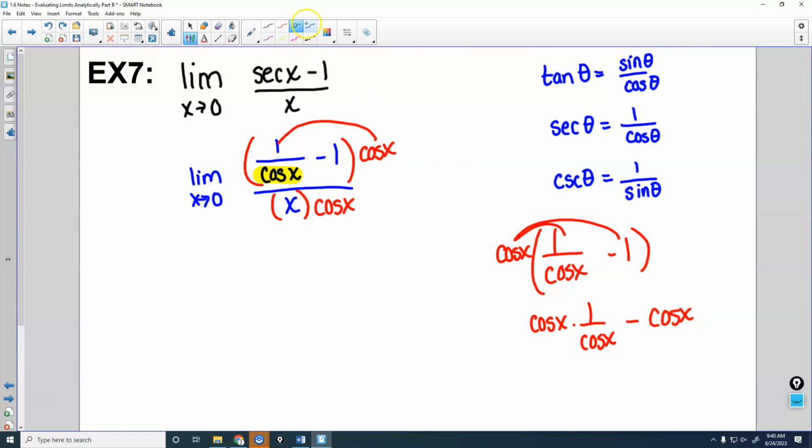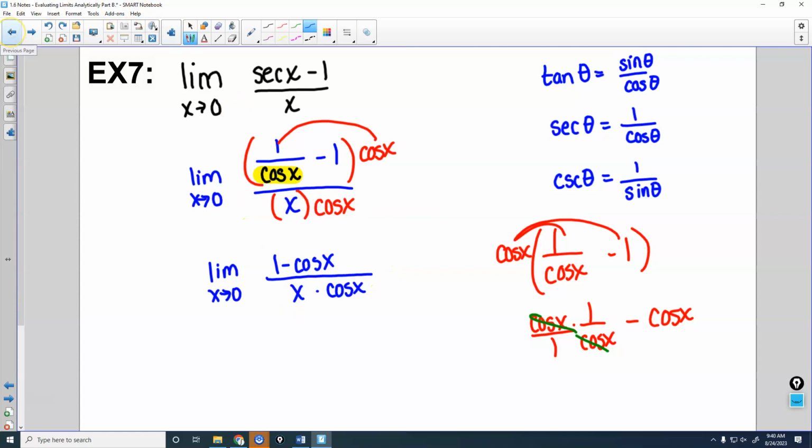What happens right here with this cosine? That cosine x, it's over 1, right? They cancel, and we're just going to get 1 minus cosine x in that numerator. And then in the denominator, I've got x times cosine x.